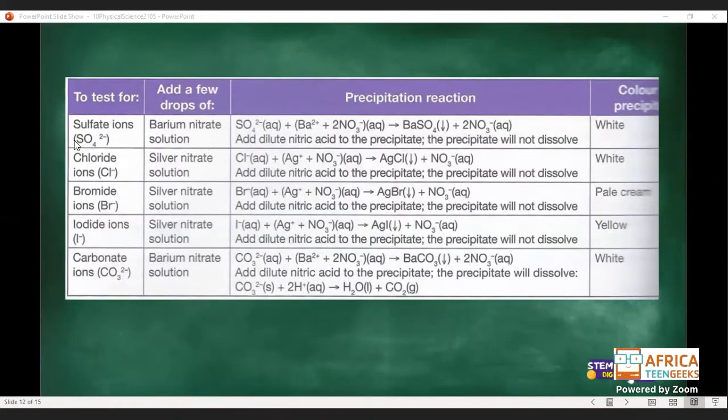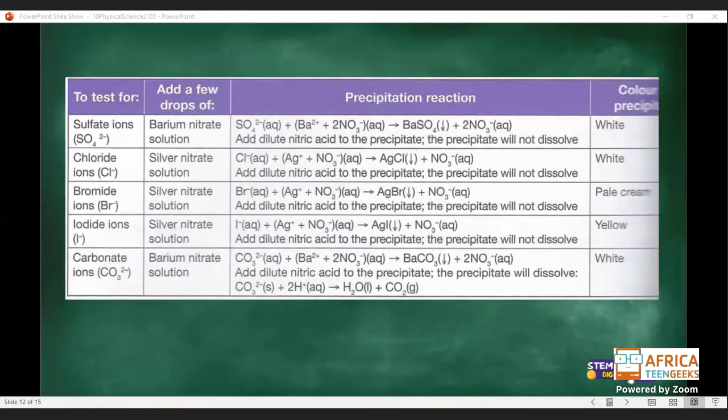So if I have silver nitrate, let's say... I know. We will go back to this on Monday first. I know how hard this is. I'm going to simplify this table for you, with step by step instructions.